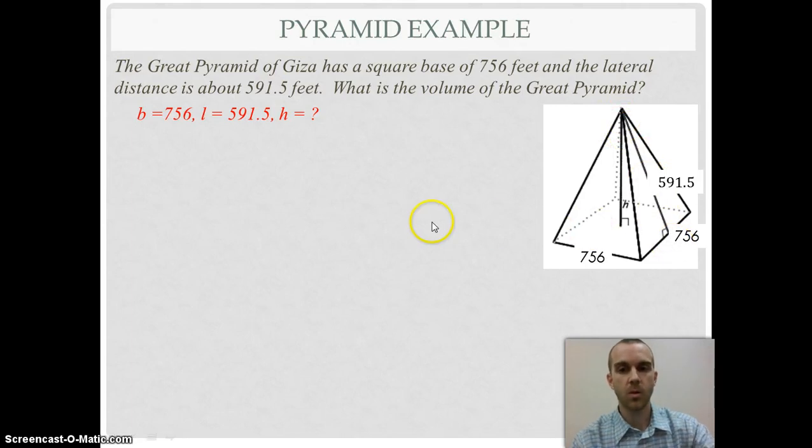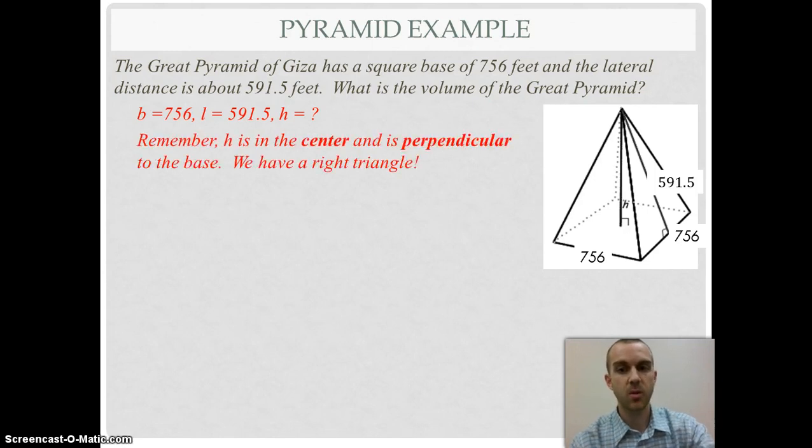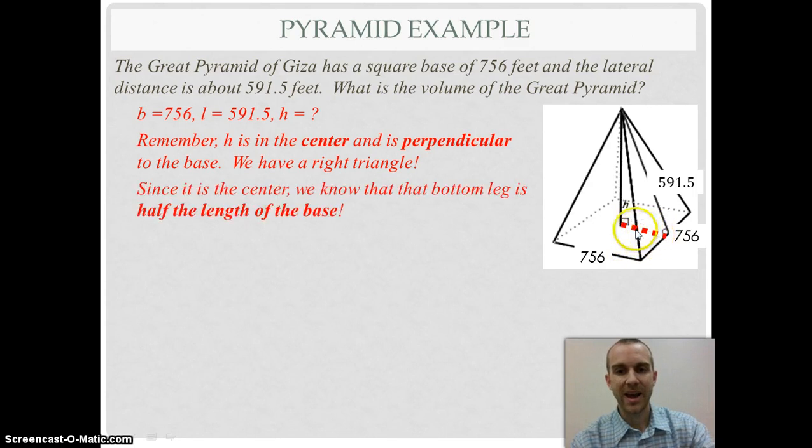Now, what we don't know is the actual height, because height's in the dead center of our pyramid for a square pyramid like this. So we know it's in the center, but we also know it's perpendicular. See, that's marked there. That means if we connect it to the edge, we have a right triangle. Now, knowing that it's in the dead center, we know this little leg has to be half the length of the base, because if I drew it all the way across, it'd have to be the entire length of the base.